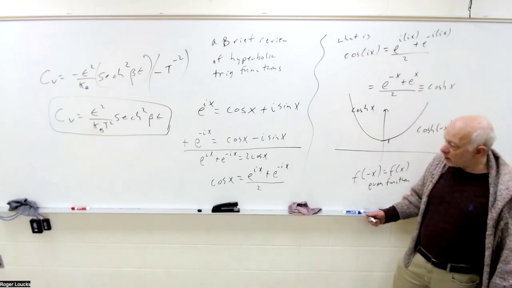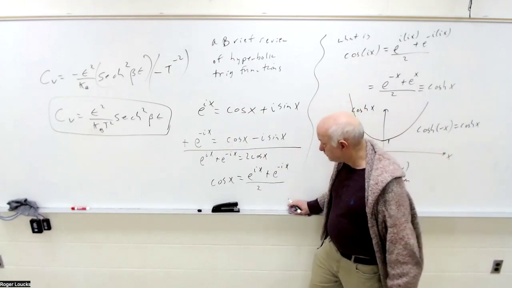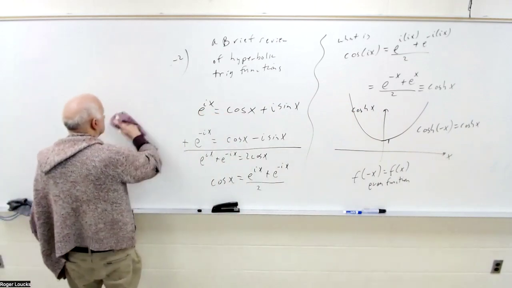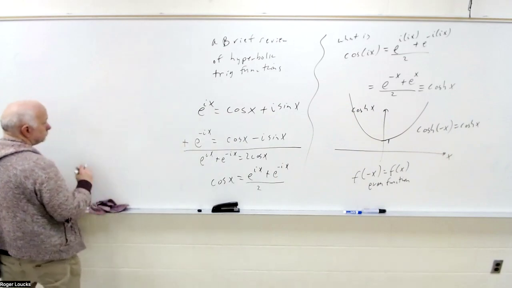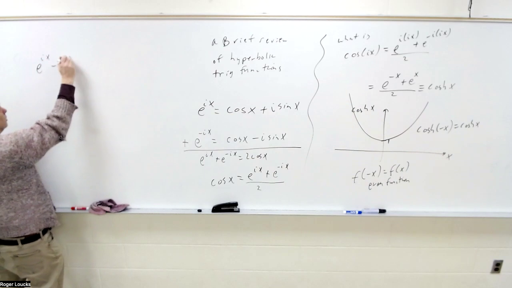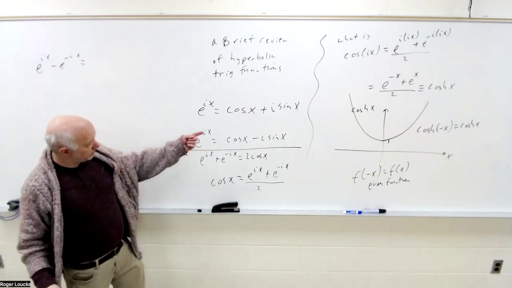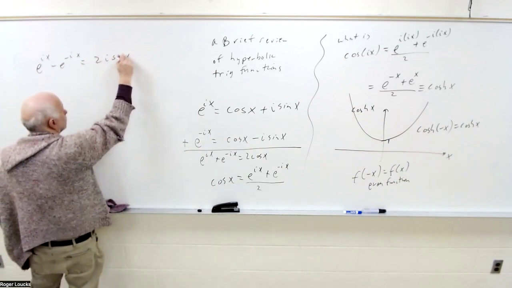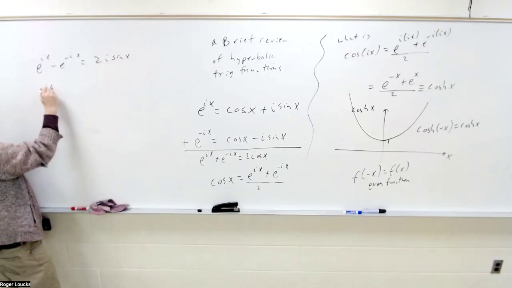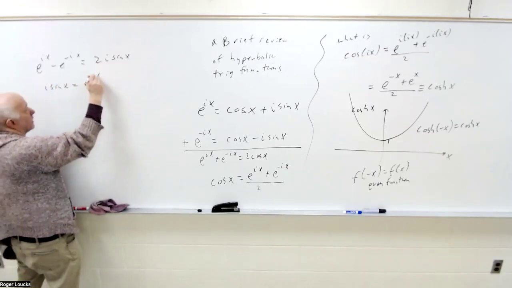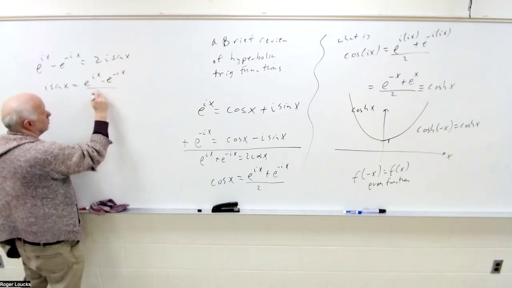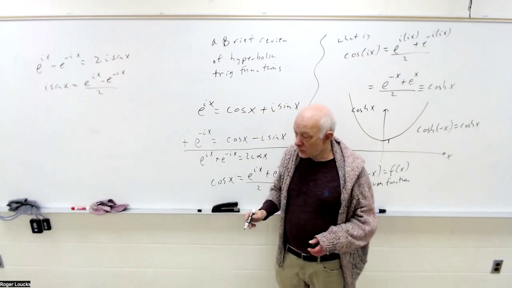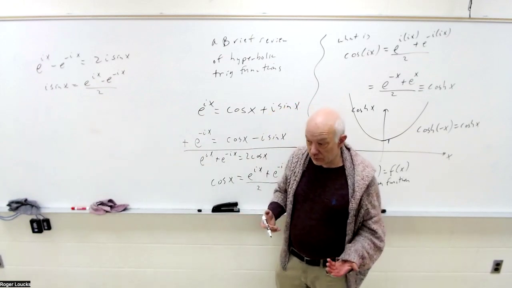Okay. Well, what I could also do is subtract these two. If I subtract the two, you can see that these cancel and these two add. I can write this as i sine of x equals e to the ix minus e to the minus ix, over 2. And then I can do the same thing: replace x with ix.